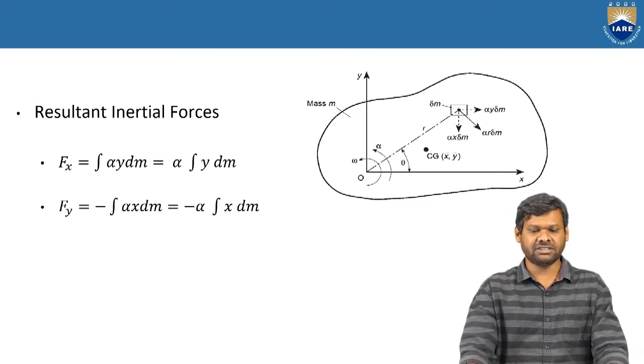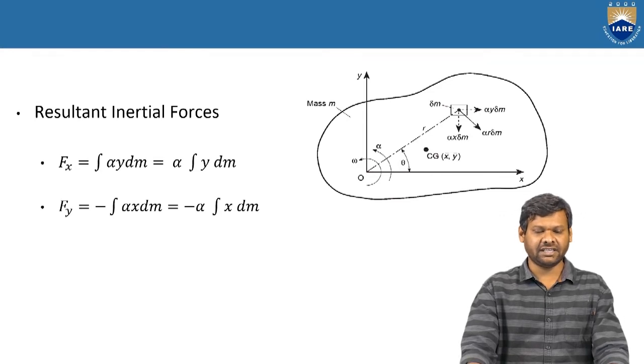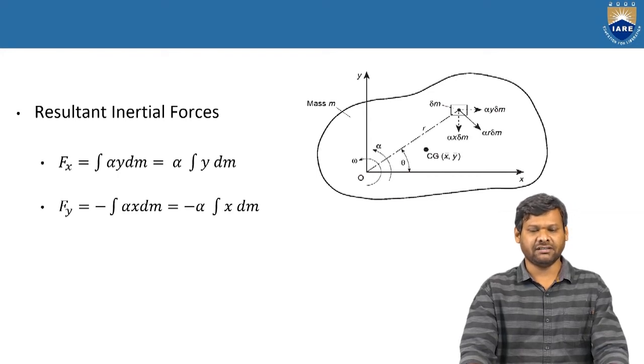And the major concentration you need to do is on the axis of Fy, and Fy is given as minus alpha integral x dm. You may observe a negative sign in the Fy direction. What might be the reason for this?